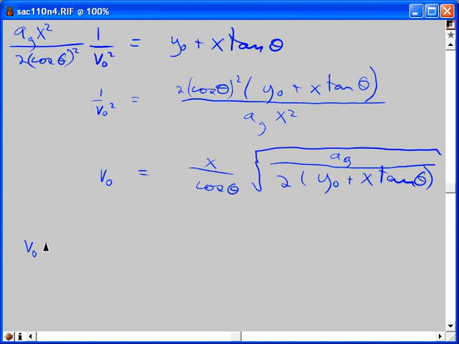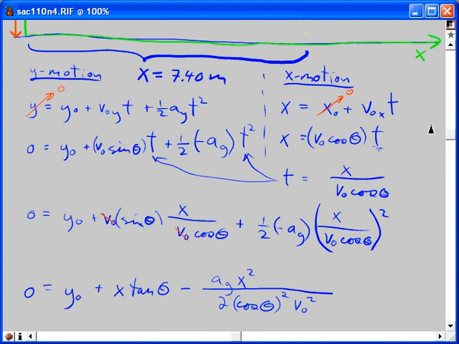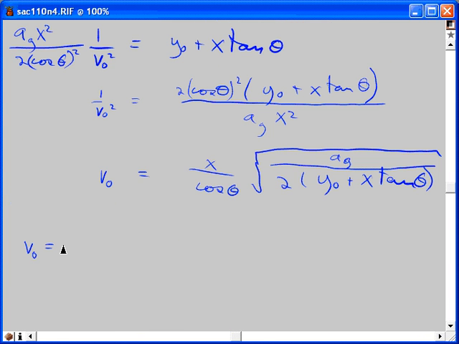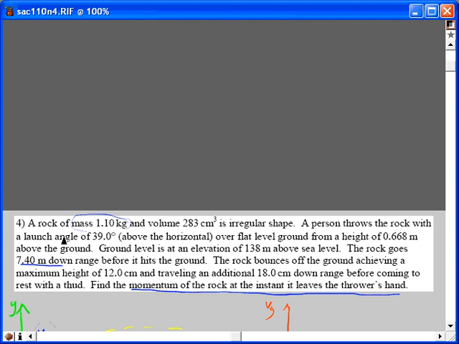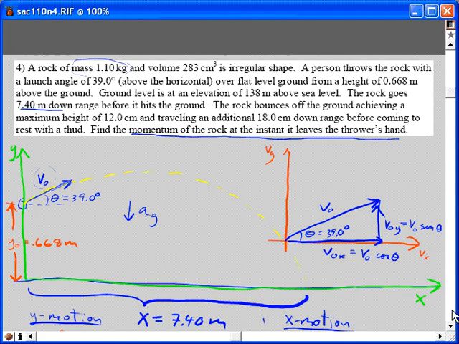Let's go. v0 is the x, total distance traveled, was 7.40 meters, divided by the cosine of the angle. I think that was 39.0 degrees. Let's check though. 39 degrees.